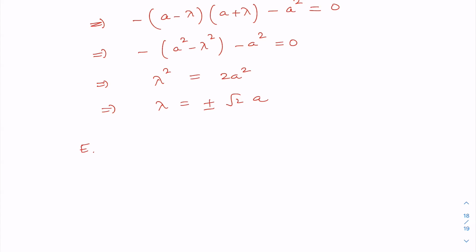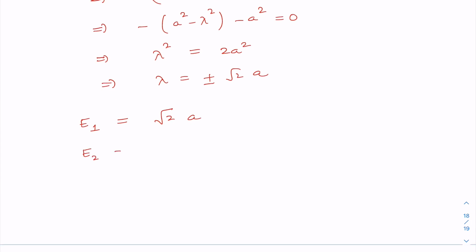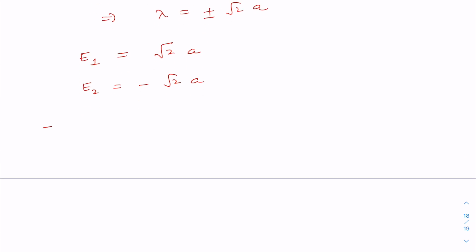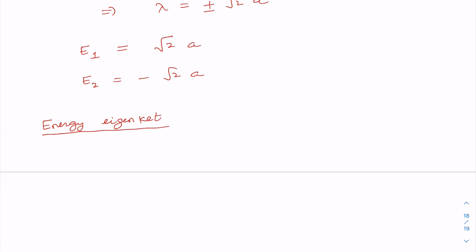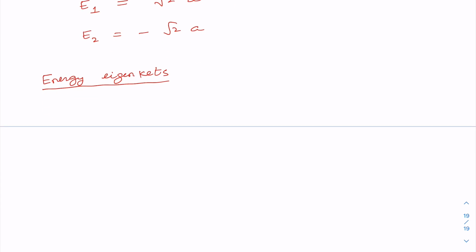So let me say one energy eigenvalue is E1, and that is square root of 2 A, and the other one is minus square root of 2 A. So these are the energy eigenvalues. Next, what about the energy eigenkets? Corresponding to E1, let me find it.